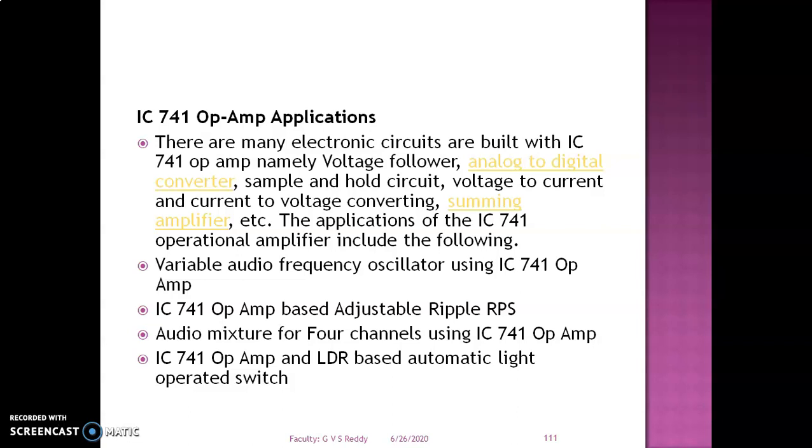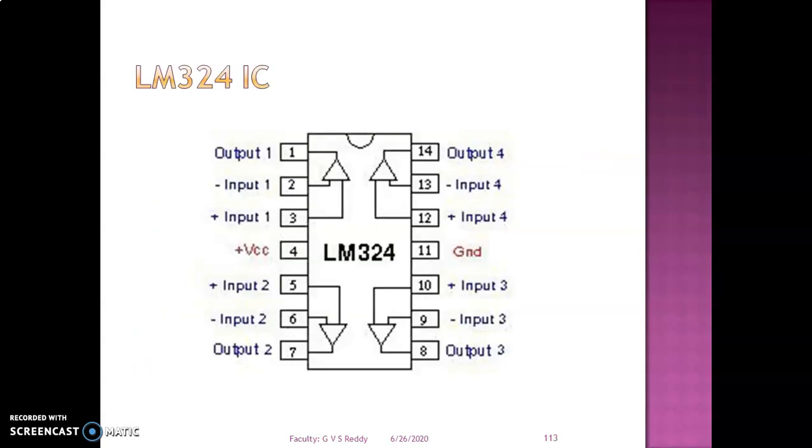Next, the IC LM324. LM324 is similar to the 741 operational amplifier. Here it consists of 4 operational amplifiers within the IC. This is a 14-pin dual inline package.